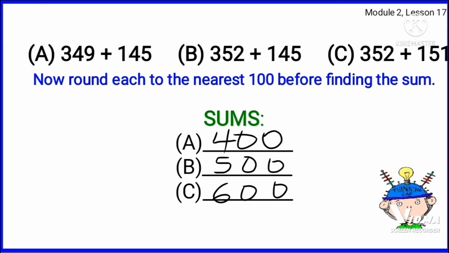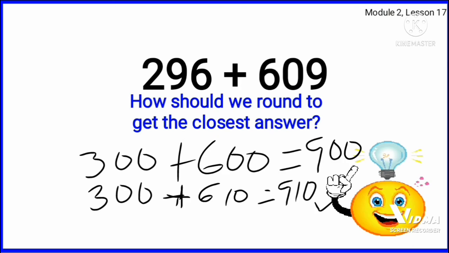And in C, 400 plus 200 will give us 600. These numbers to the nearest 100 give us these answers.